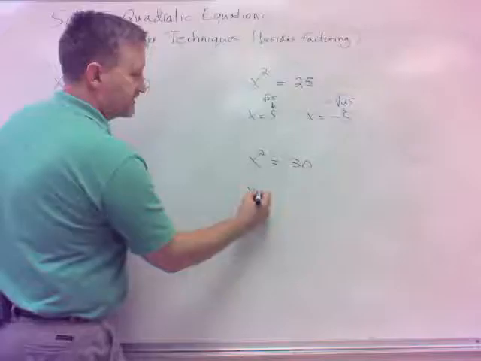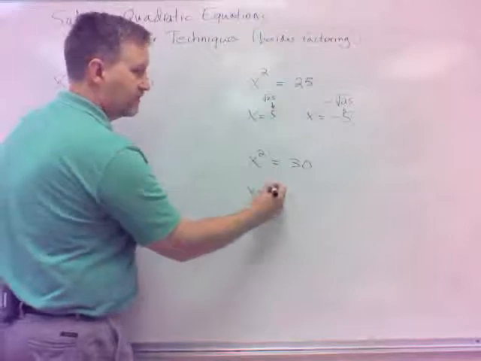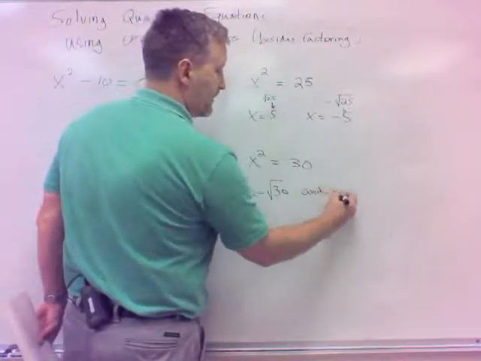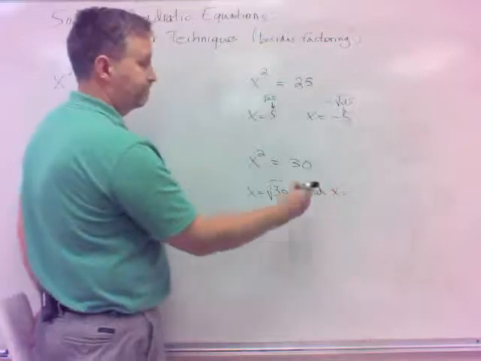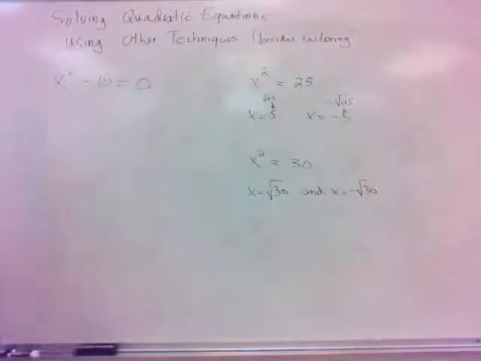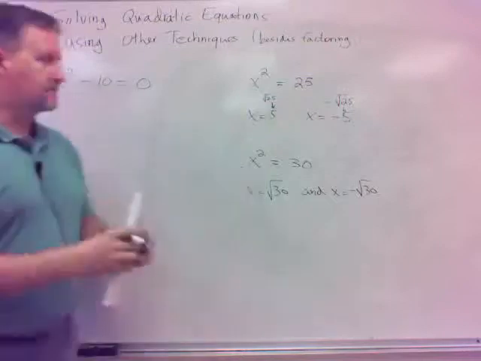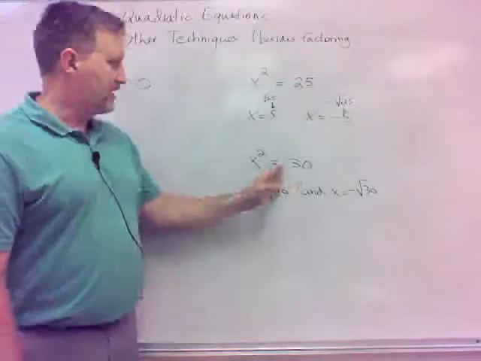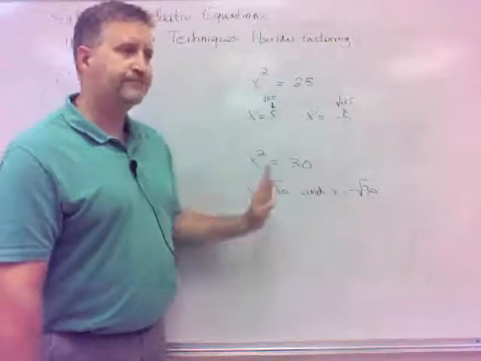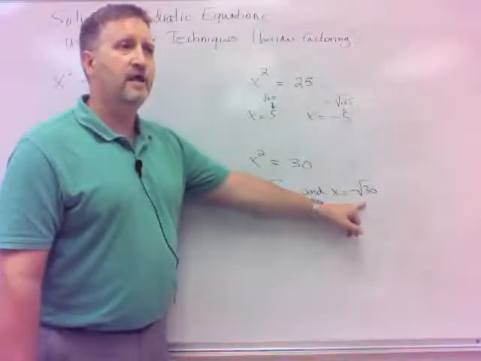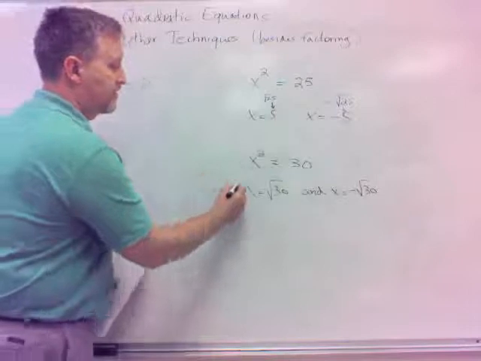One would be x is the square root of 30, and the other x is what? Negative square root of 30. Even though 30 is not a perfect square, it's not square rootable nicely, I can still say the two answers here are going to be the square root of 30 and the negative square root of 30. This is going from here to here.